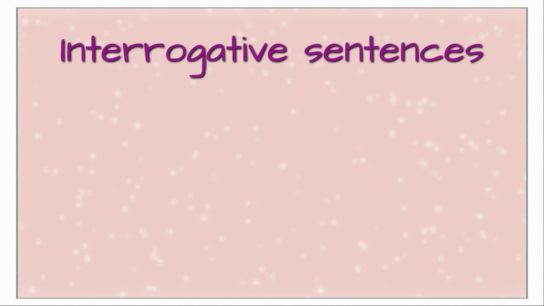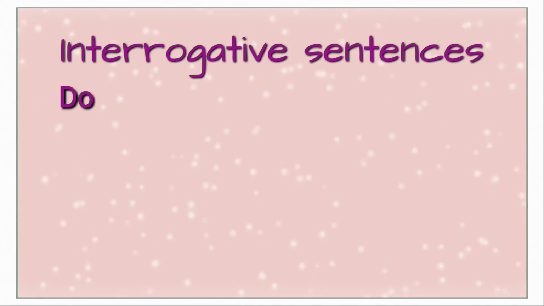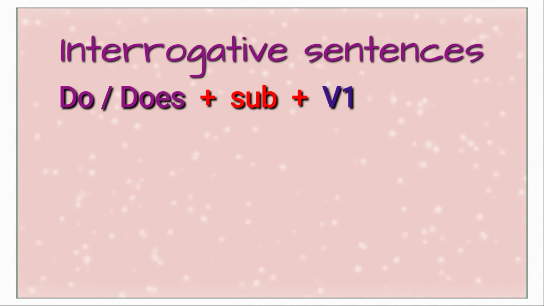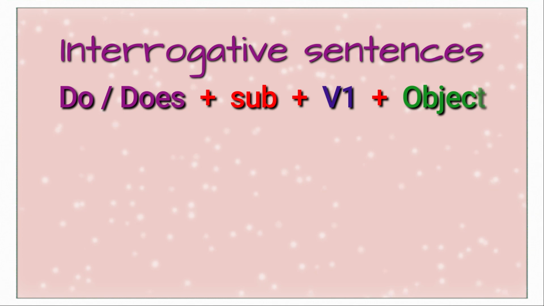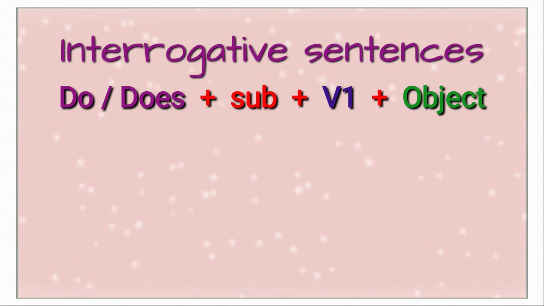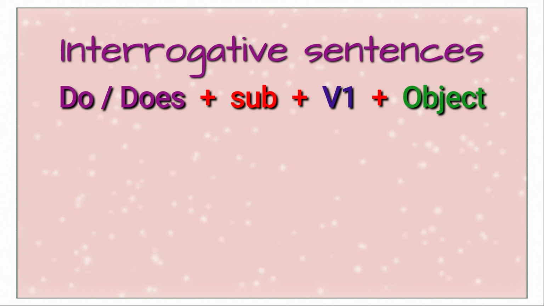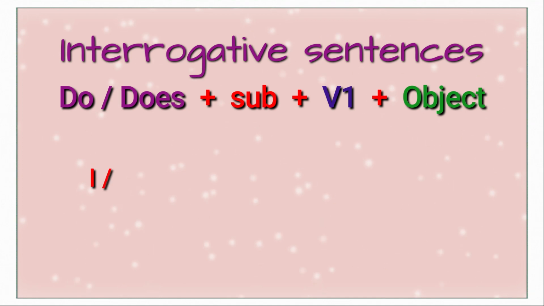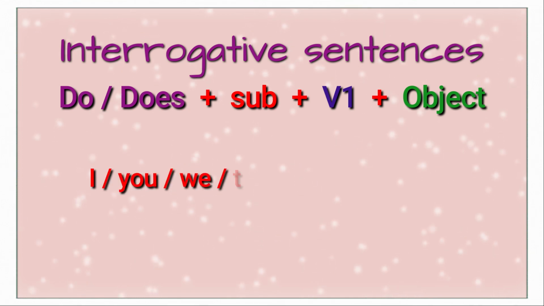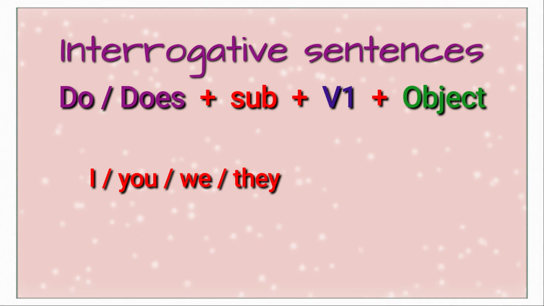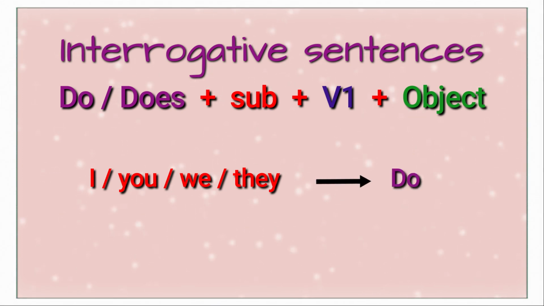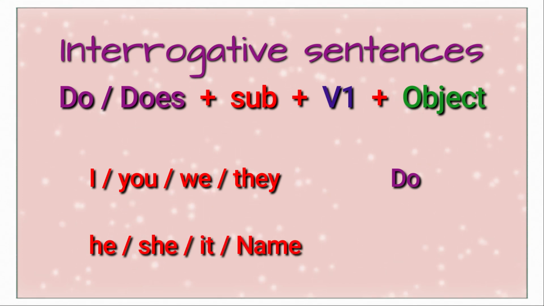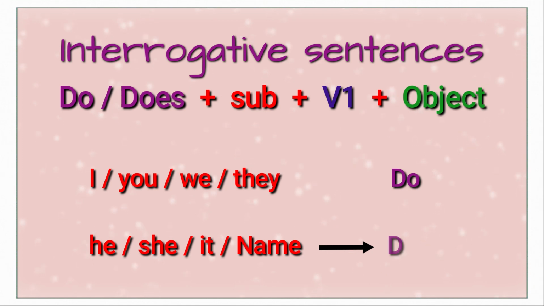Interrogative sentences always begin with do or does, then subject, then first form of verb, and then object. Again, do and does depend on the subject. If the subject is I, you, we, and they, then we'll use do. And if subject is he, she, it, or any name, then we'll use does.